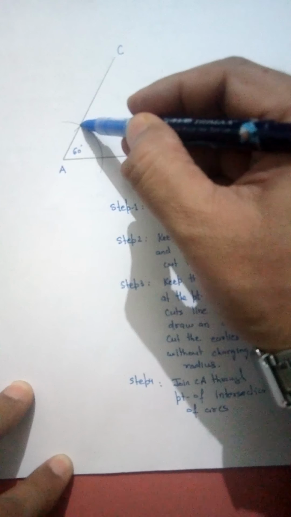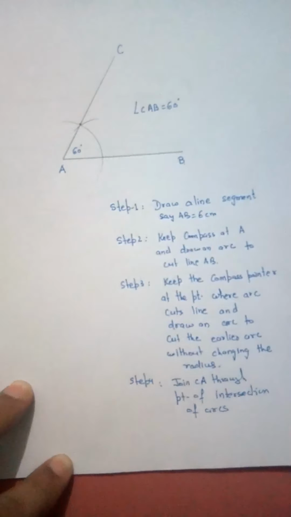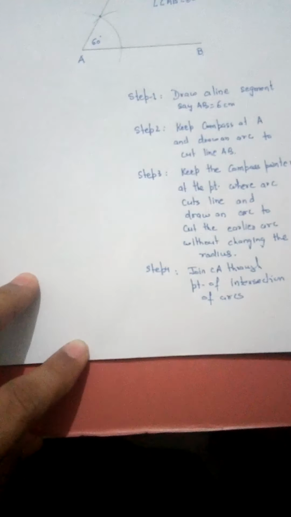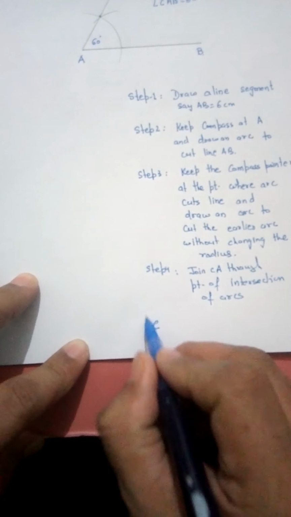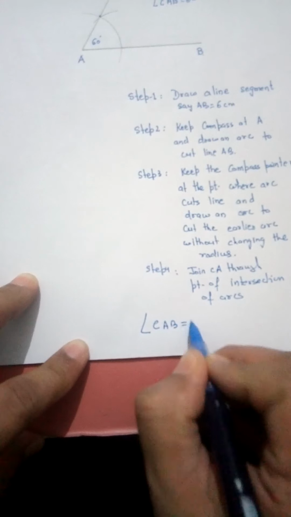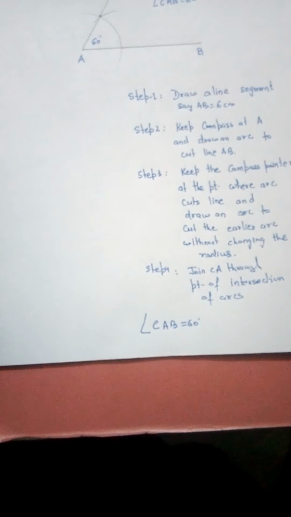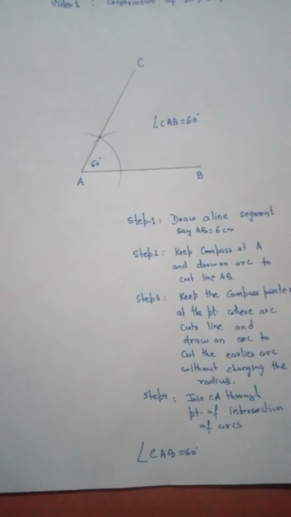This is the point of intersection of arcs. So I have joined CA through the point of intersection of arcs, and you get finally angle CAB equal to 60 degrees. This is how we construct 60 degrees.